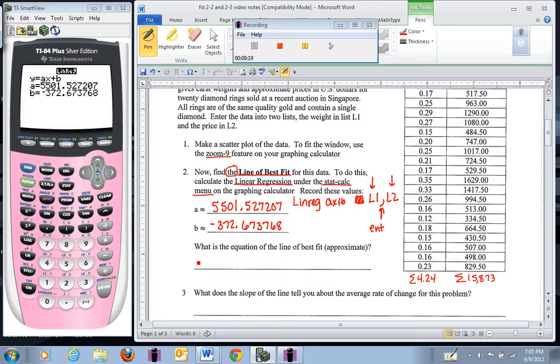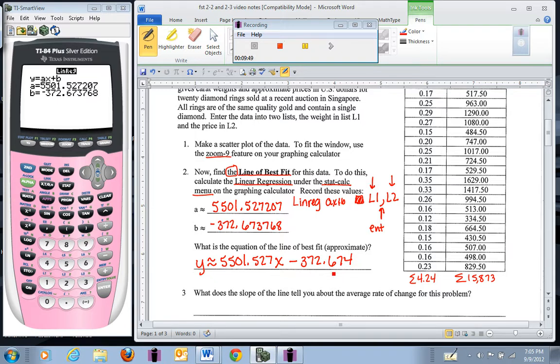Okay? So what is the approximate line of best fit? Well, that would be Y is approximately, and notice we're going to plug in this A value for A and this B value for B. So 5,501.527 X minus 372.674.